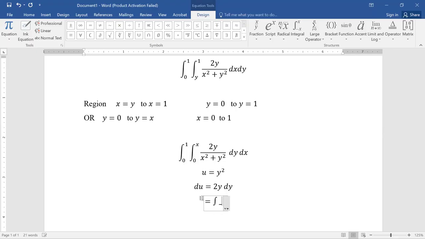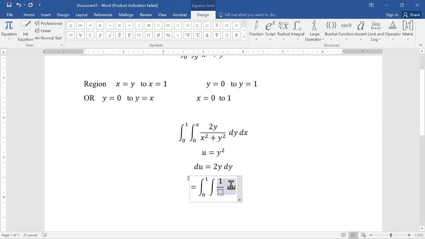My integration with respect to x doesn't change. My integration with respect to u will change, but I'm going to leave it blank right now. 2y dy becomes 1 times du. So 1 is going to be my numerator. I'm going to change that 2y times dy to a 1 times du. And in the denominator, this x squared plus y squared is going to become an x squared plus u.